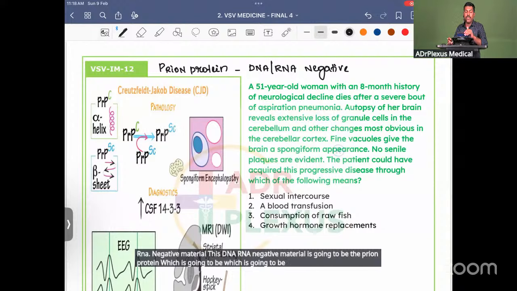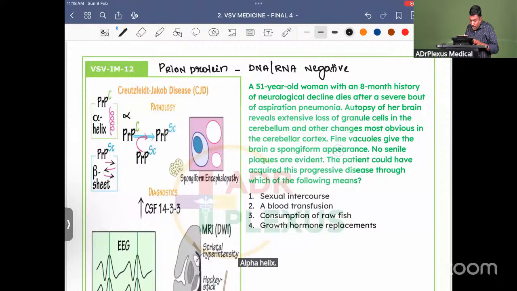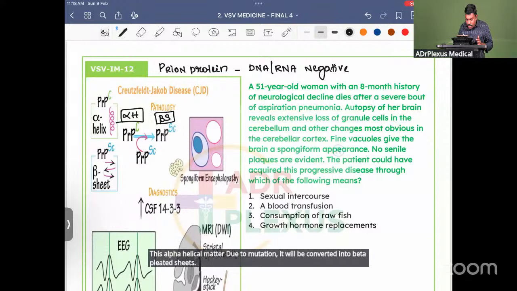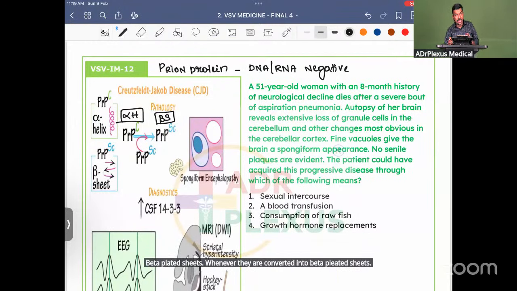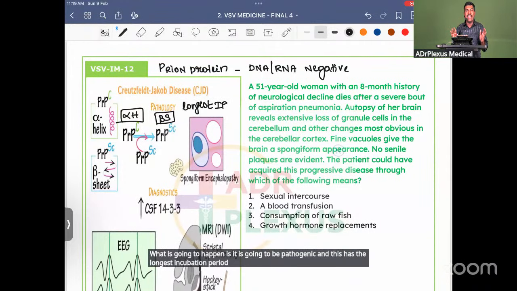It is in the form of alpha helix. This alpha helical matter, due to mutation, will be converted into beta pleated sheets. Whenever they are converted into beta pleated sheets, it is going to be pathogenic, and this has the longest incubation period, which can be in years.